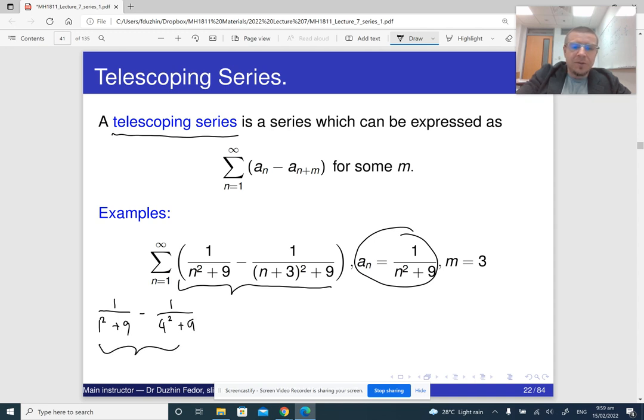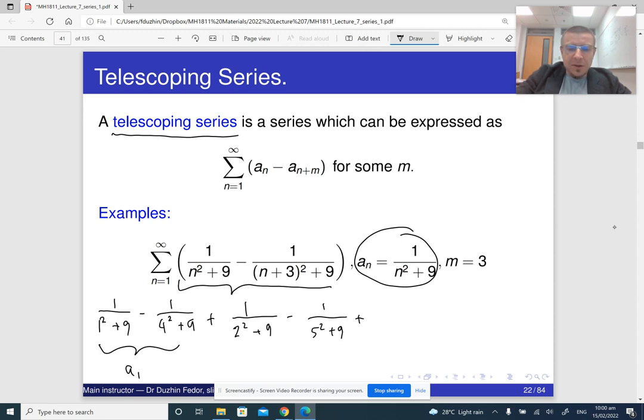This is my first term, a1, plus the next term, a2, which is 1 over 2 squared plus 9 minus 1 over 5 squared plus 9.